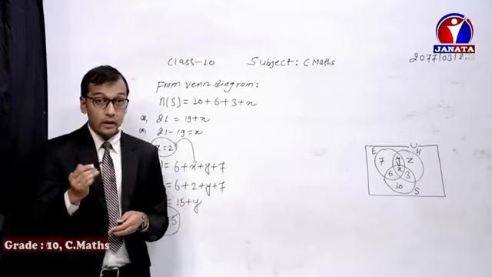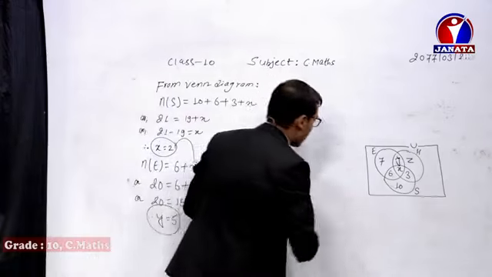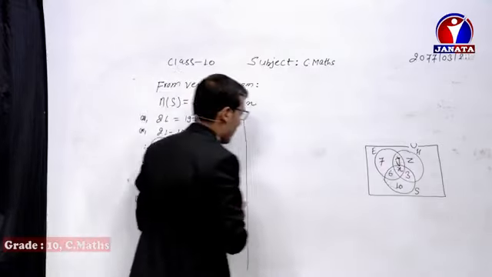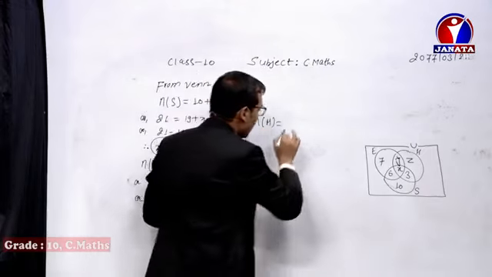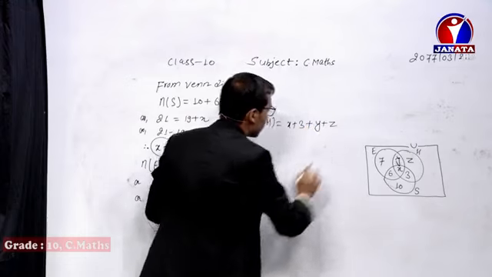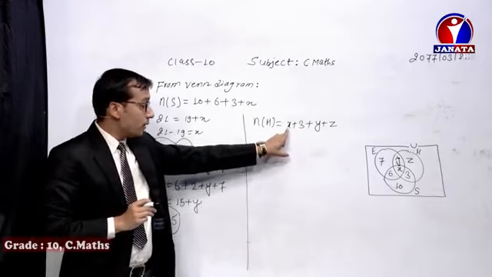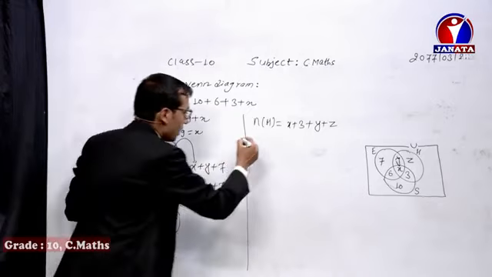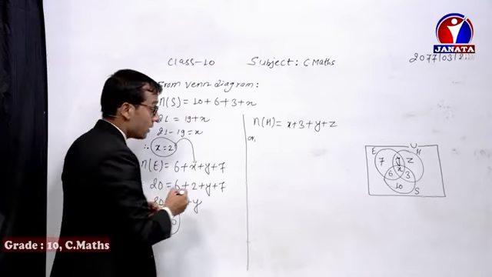Now one is left, that is z. For finding z, there is no doubt we can use set H. So n of H is equal to x plus 3 plus y plus z. Now we can replace the values of x and y and find z. What is n of H?